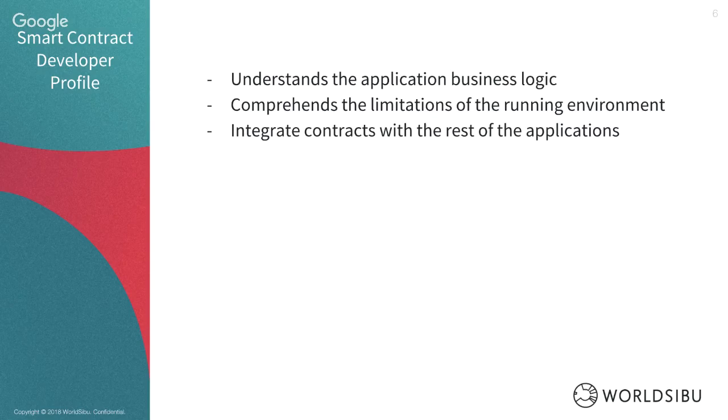The other responsibility of the smart contract developer is to integrate the contracts with the rest of the applications. Being a smart contract developer is not just developing a smart contract, because that's simply the first step in the process.